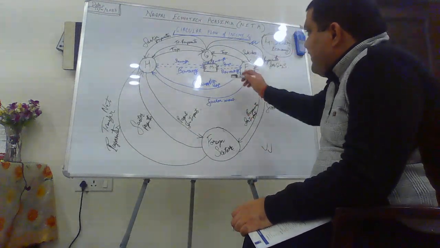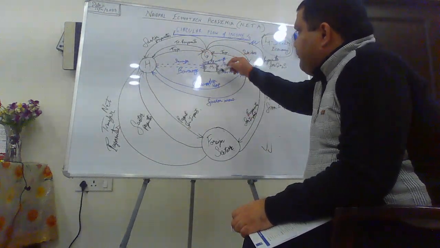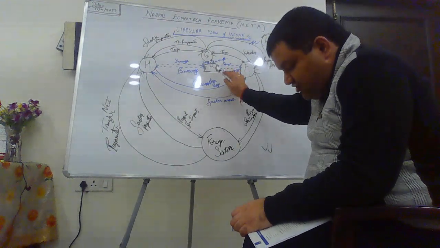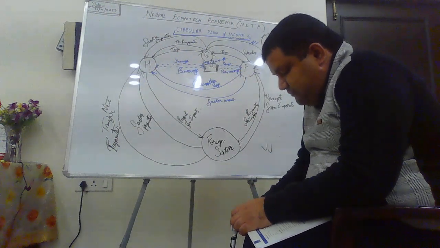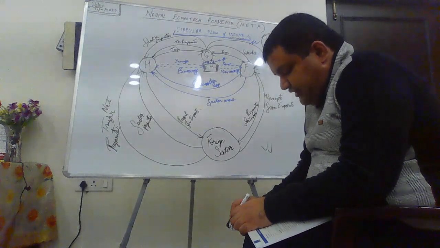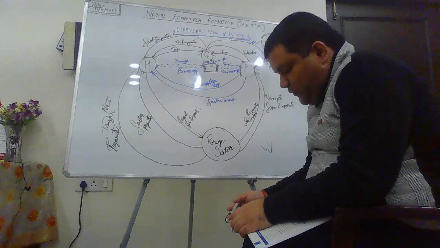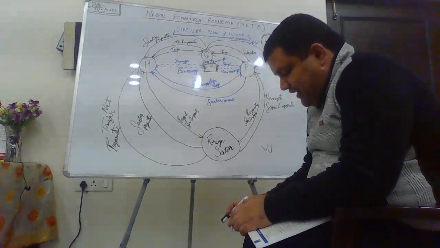So all savings and borrowings are basically channelized through a financial market. The financial market basically refers to the institutions such as banks, insurance companies, etc., which transact in the loanable funds.